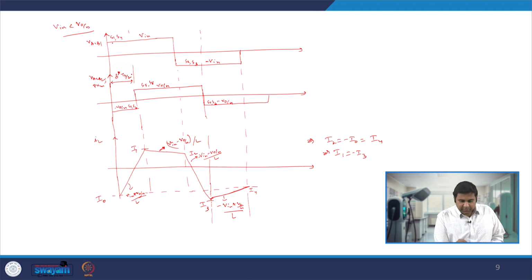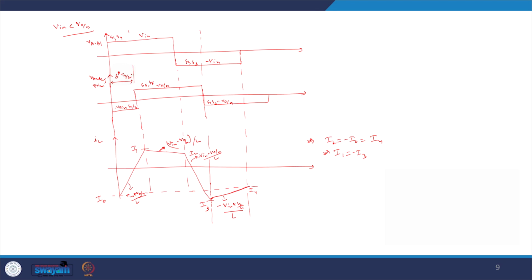So the phase shift between S1 and S5 is given by delta Ts by 2, and S4 and S8 is also delta Ts by 2. Similarly, the phase shift between S2 and S6, and S3 and S7, is delta Ts by 2 accordingly. Similarly, one can also see how we can obtain the backward power flow.